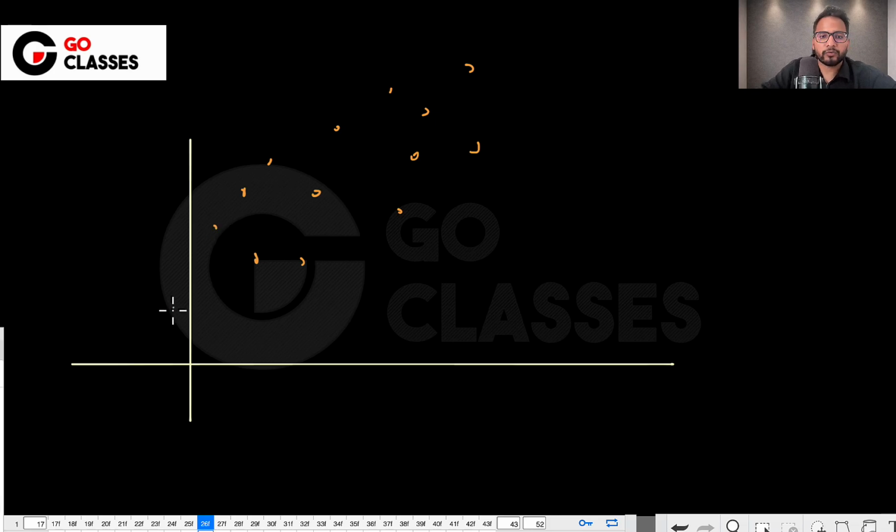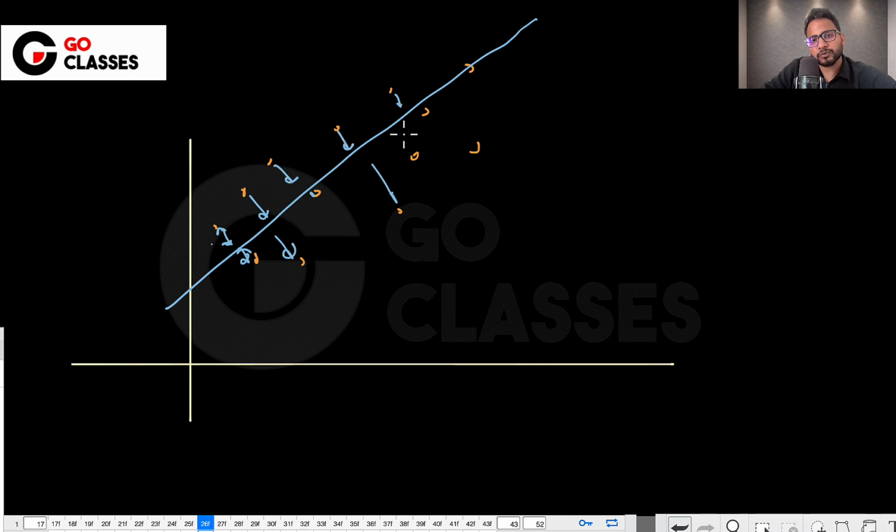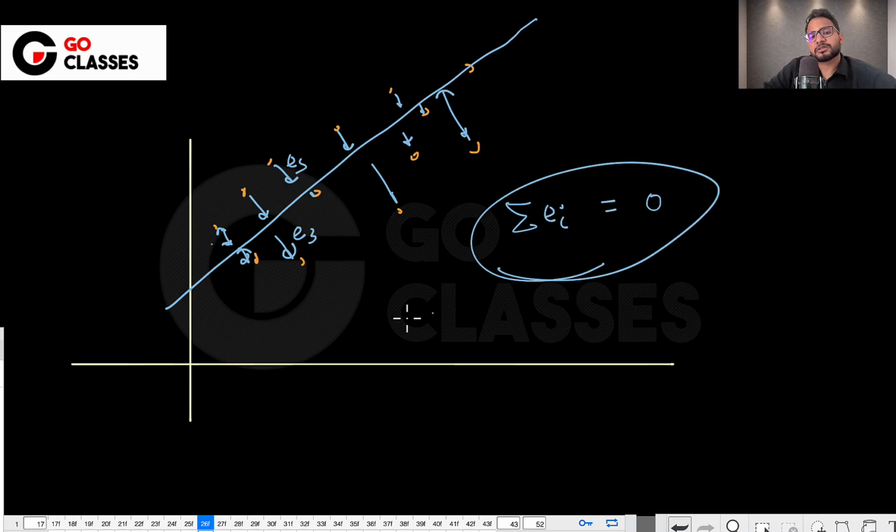If you are allowed to have the bias, it will be adjusted in such a way that all the signed errors, some plus, some minus, not the absolute values, E3, E5 or whatever, sum to 0. That is the magic of bias.